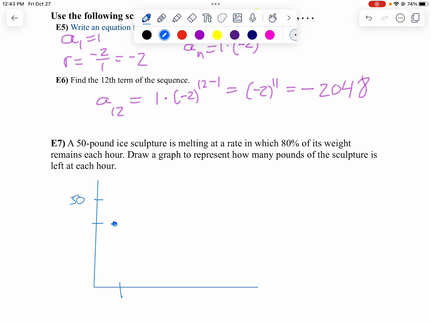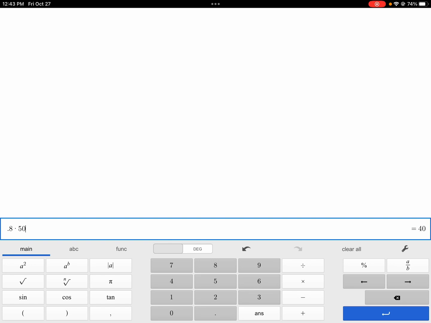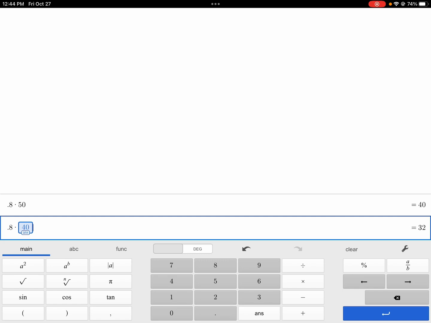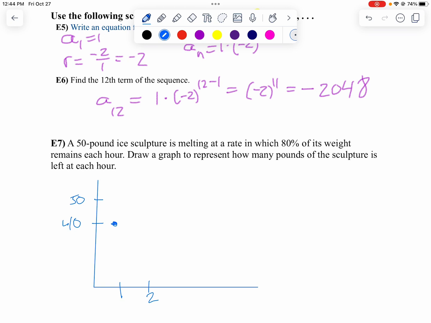After 2 hours, I'm going to take 80% of 40. So I'll take 0.8 times 40, and I'll get 32 pounds. So after 2 hours, I'm up here at 32 pounds.